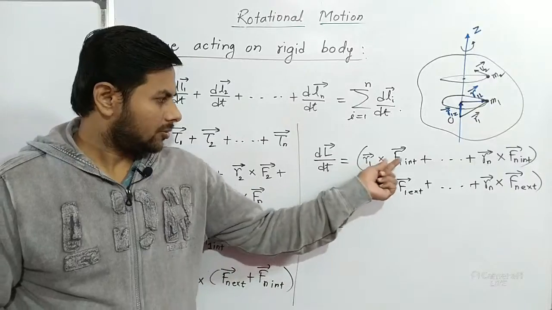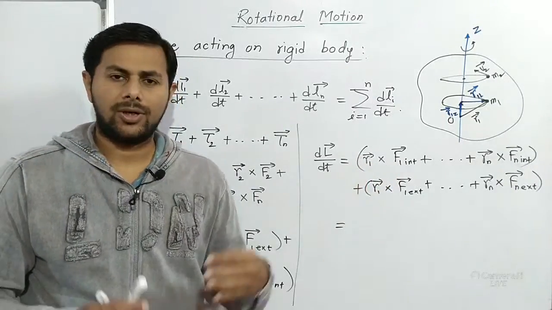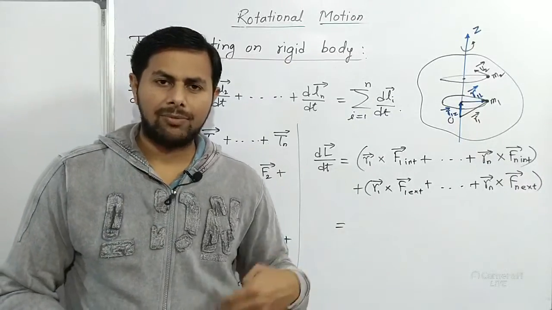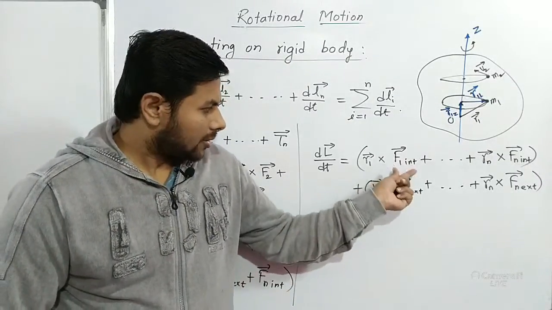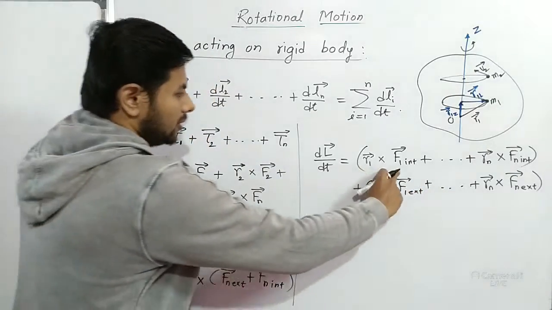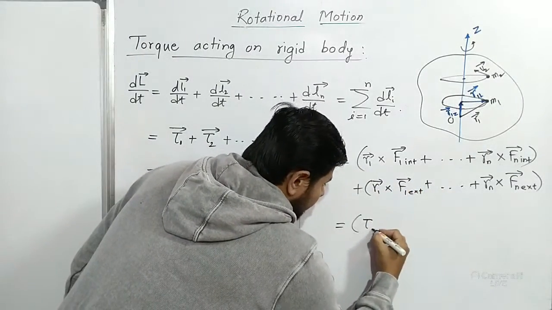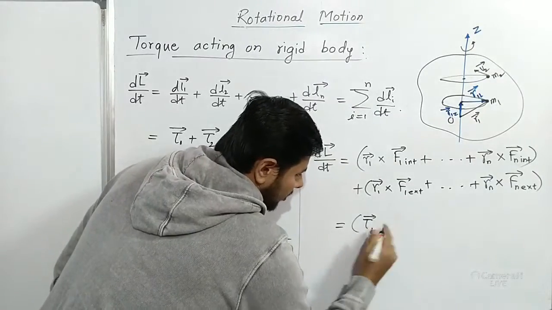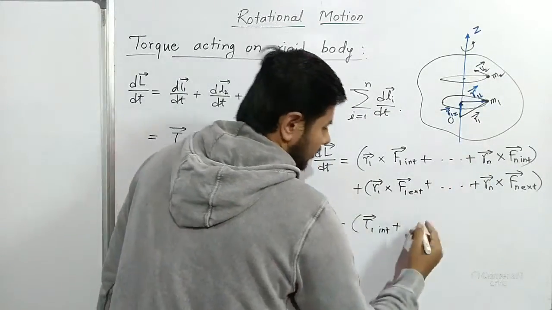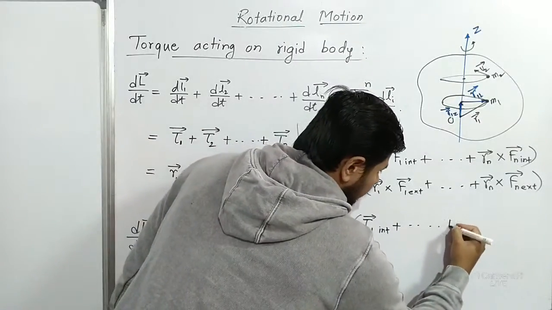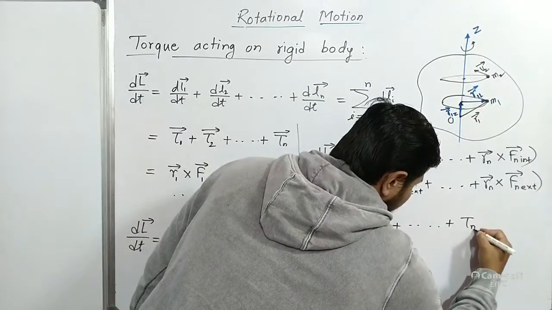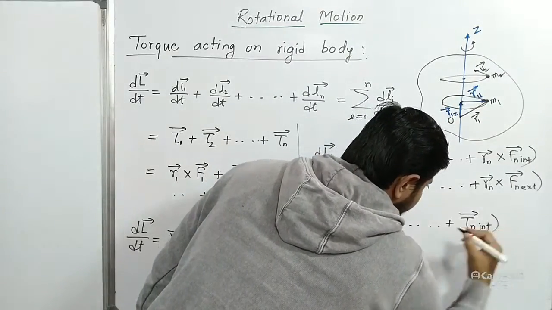So R1 bar, the cross product of the position vector of a particle with the internal force acting on that particle, I am going to call the internal torque acting on the particle. So this is the internal torque acting on the first particle, Tau1 internal, plus the internal torque acting on the second particle, plus so on and so forth up to plus the internal torque acting on the nth particle.